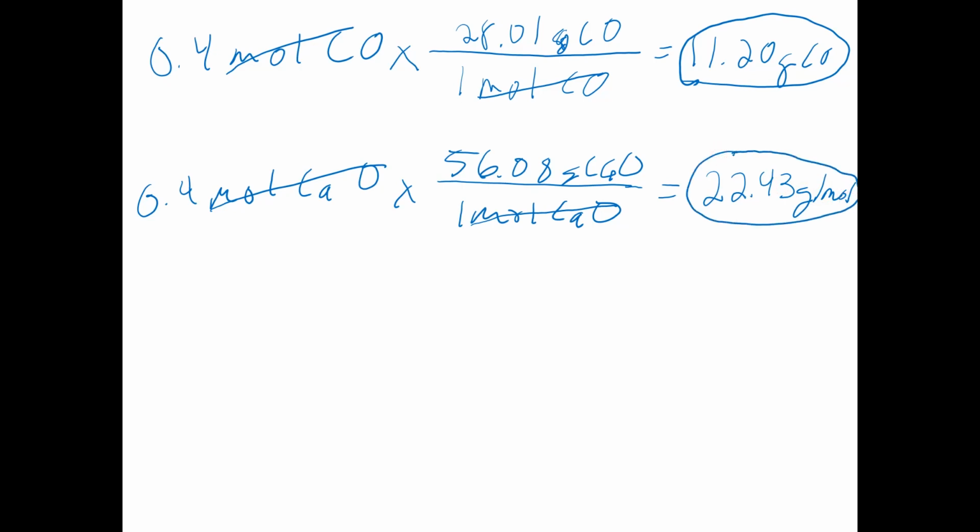Now I'm going to let you try the last 2. Set those up the same way you did the first 2 here, and see what you come up with for an answer. For sucrose, you should come up with 132.13 grams.